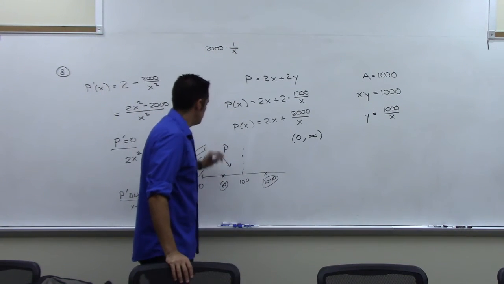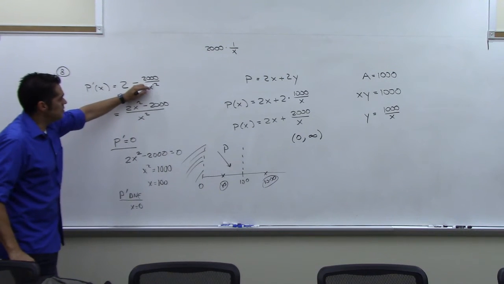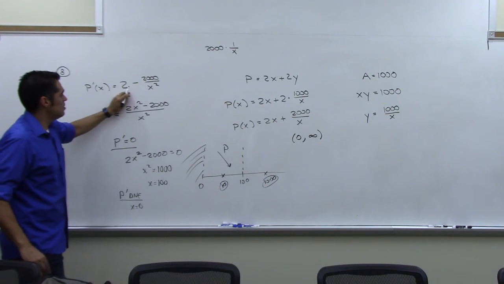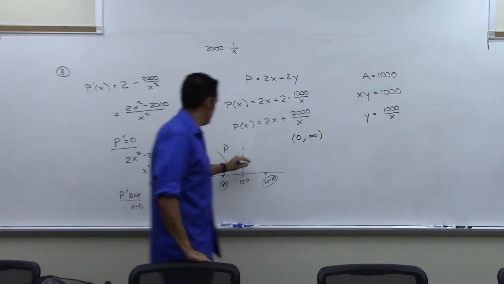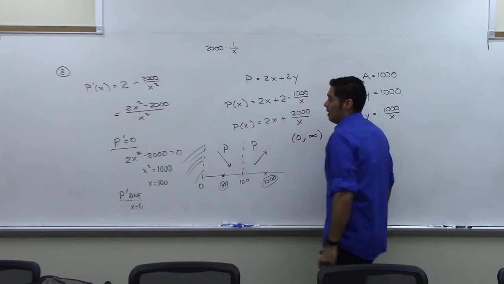So my p function is going down over here, that's good. If I plug in 1,000 squared, 2,000 divided by that is going to be smaller than 1. So 2 minus that should be a positive number. I'm going through that fast because I assume you could plug these two numbers in and figure it out.